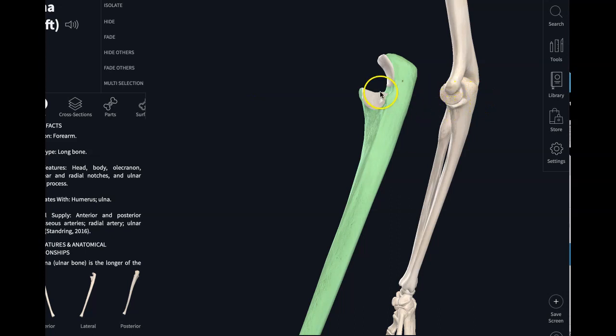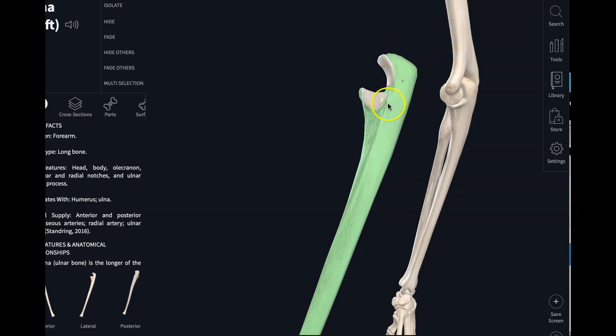It's going into that coronoid fossa that's in the anterior part of the humerus, just above the trochlea. So when you bend your elbow, this coronoid process is going to be going up and going into that coronoid fossa of the humerus. So those you've already learned.